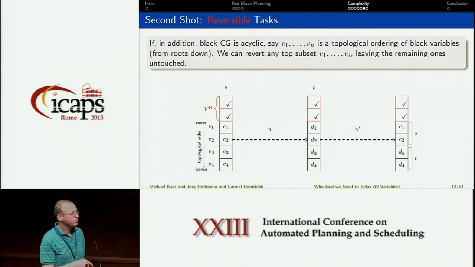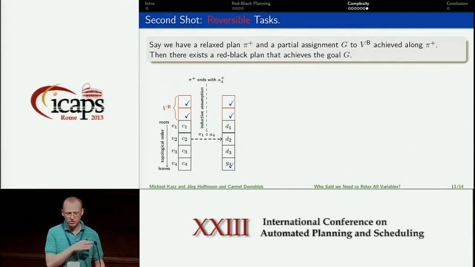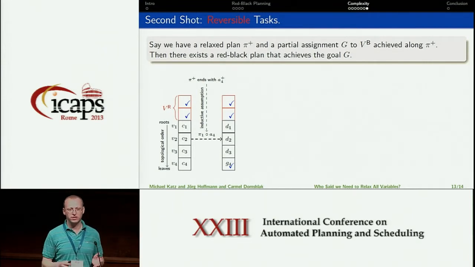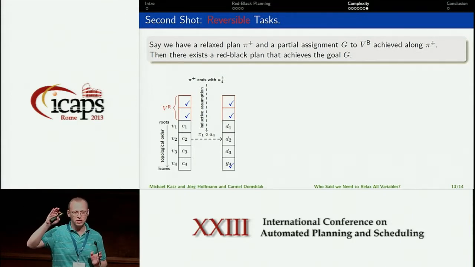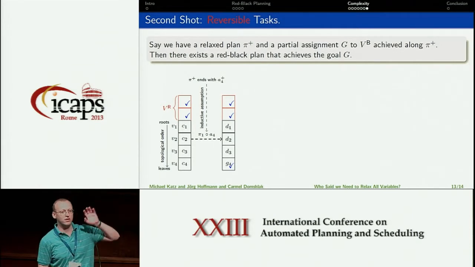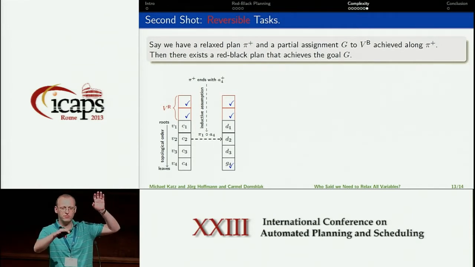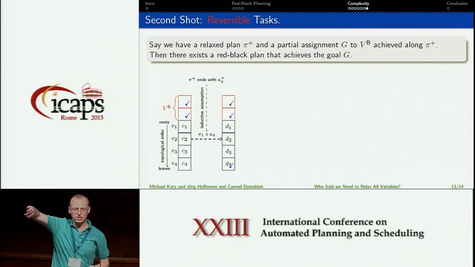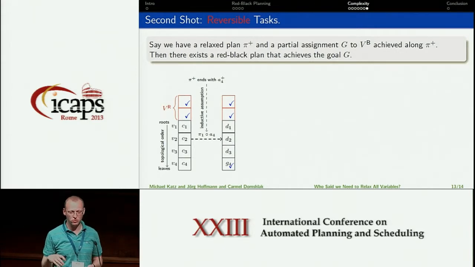That's fairly simple. So we'll use it for the last lemma, which says that if we have a relaxed plan and it achieves some black values along this plan, let's assume that we want to get that black value from that variable and that value from that variable, and it was achieved somewhere along the plan. So our relaxed plan ends up and it accumulated those values.